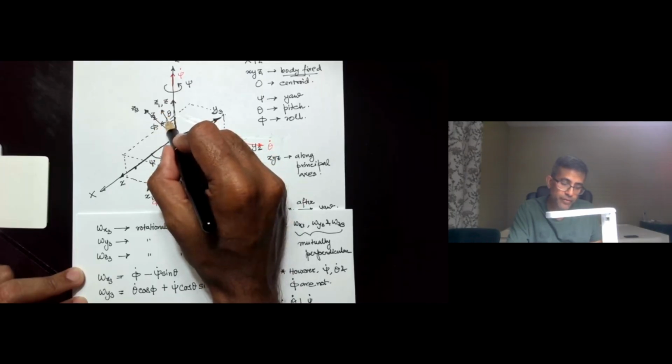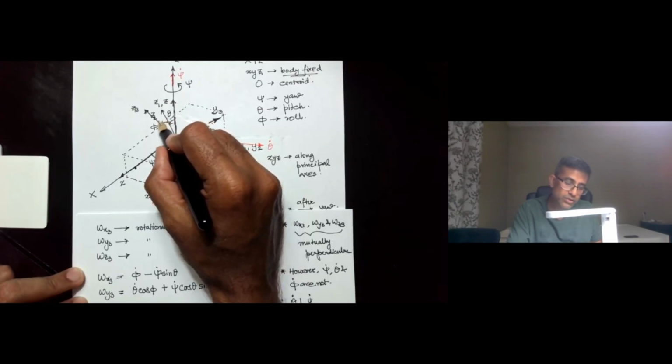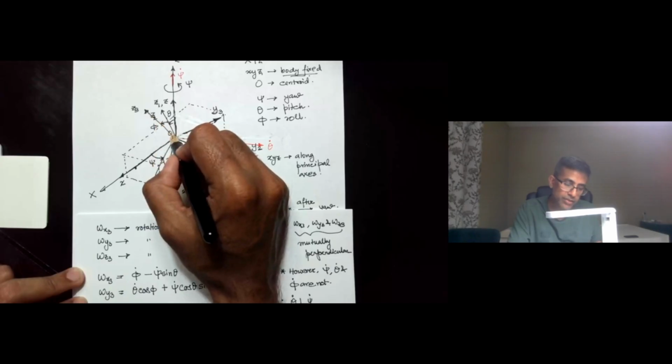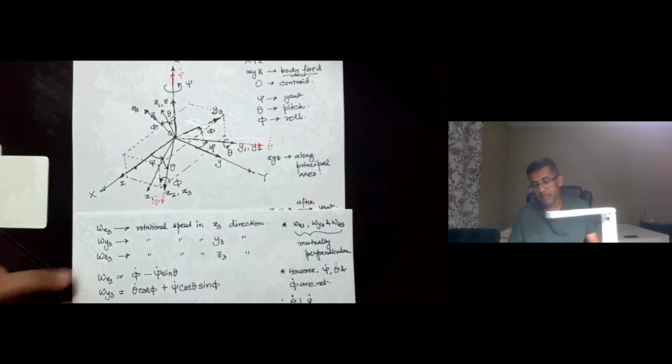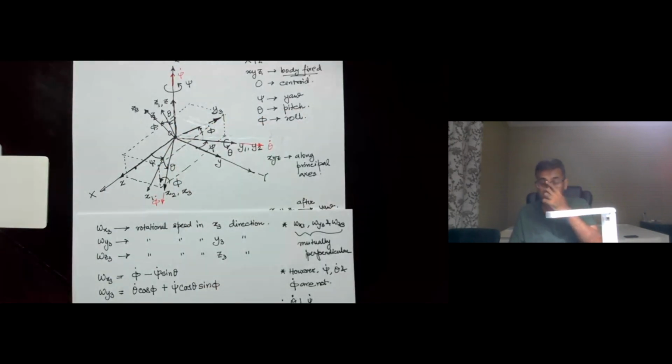So psi dot cosine theta cosine phi will be along the Z3 direction, and psi dot cosine theta sine phi is going to be in the Y3 direction.